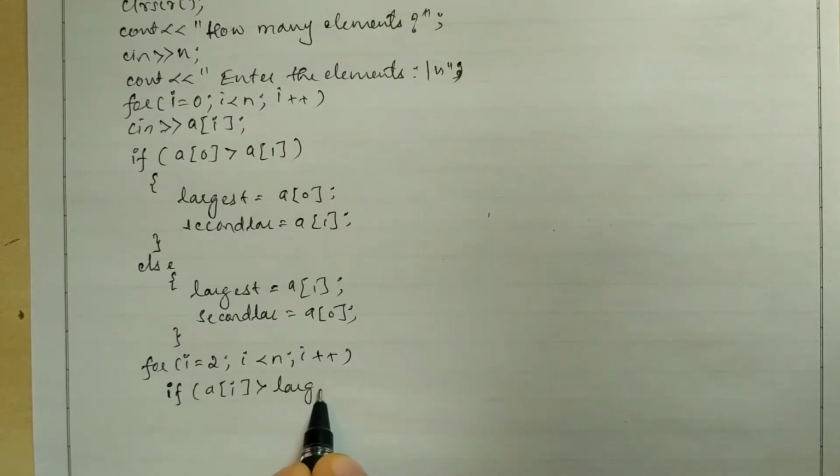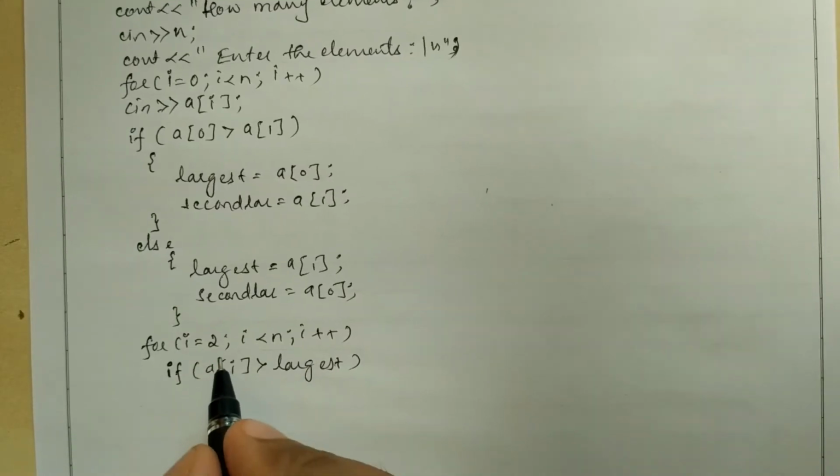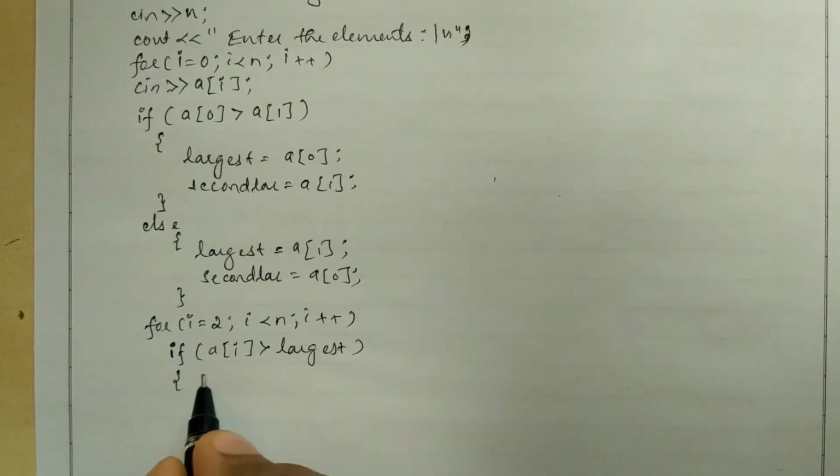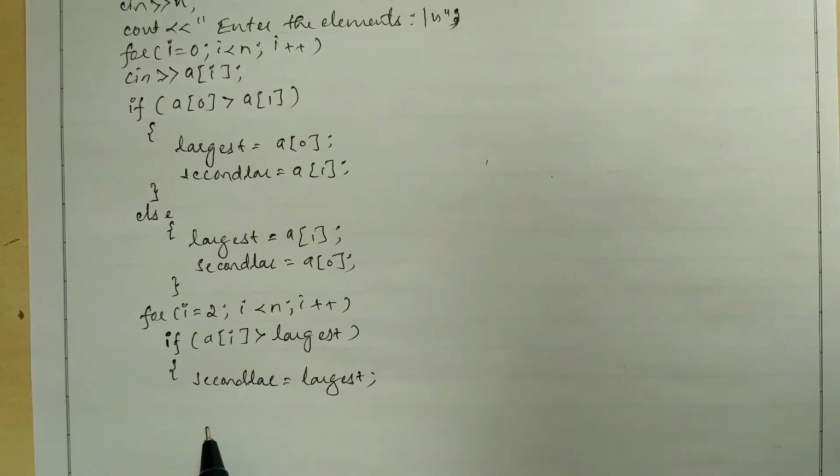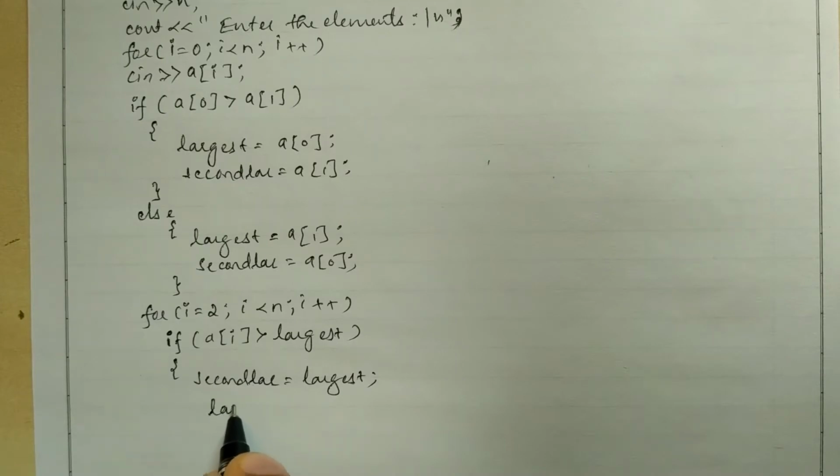than largest. If this is true, then it has to initialize second largest equal to largest. So the largest value is to be assigned to second largest, and here I'm going to write largest is equal to a of i.